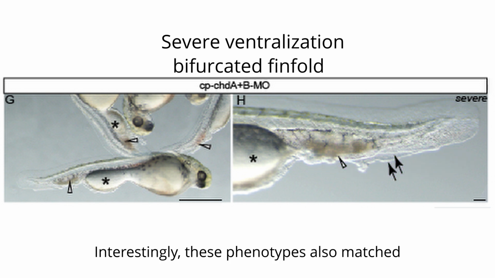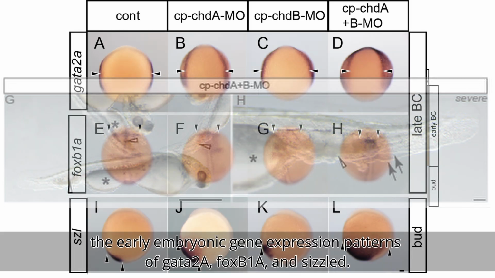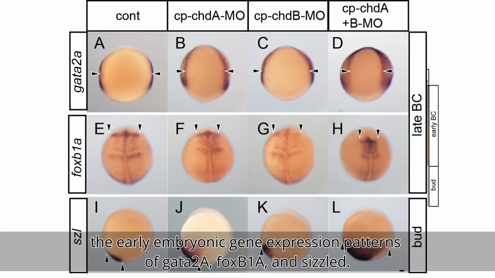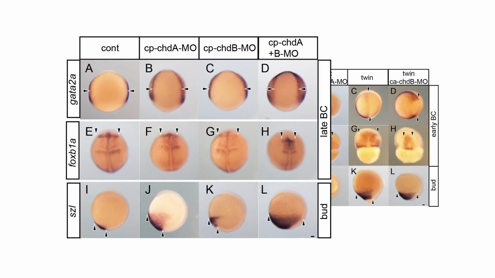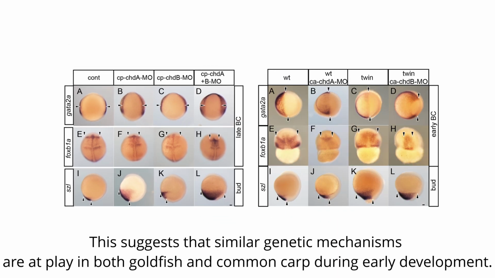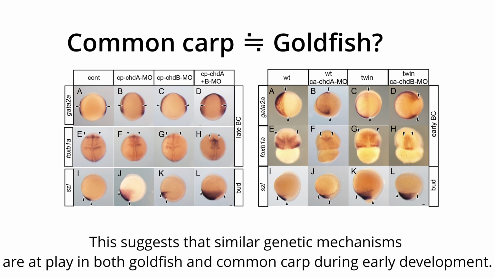Interestingly, these phenotypes also matched the early embryonic gene expression patterns of GATA2A, FOXB1A, and sizzled. This suggests that similar genetic mechanisms are at play in both goldfish and common carp during early development.